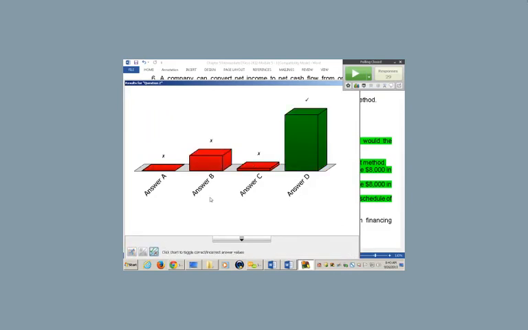Why is it D, aside from just guessing? Yeah, it is a significant non-cash investing and financing activity. Significant non-cash investing and financing activities will go into a footnote or a separate schedule.